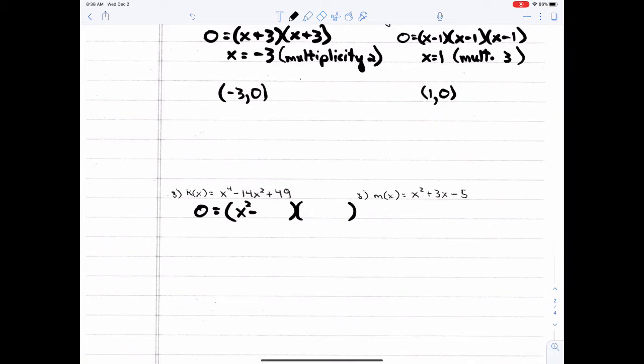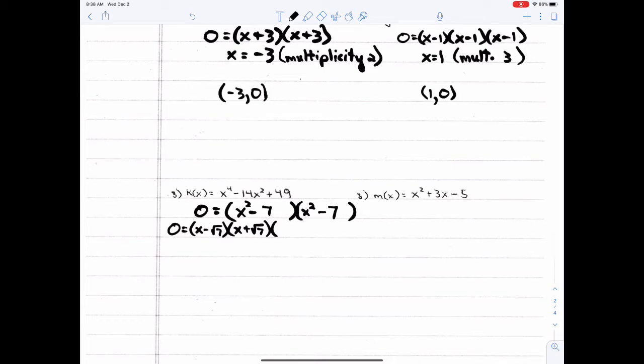X squared times x squared. What times what gives us plus 49 would be minus 7 and minus 7, and that would give us a negative 14x squared in the middle. Now we can factor that further, though, because the x squared minus 7 will factor into x minus square root of 7 and x plus square root of 7.